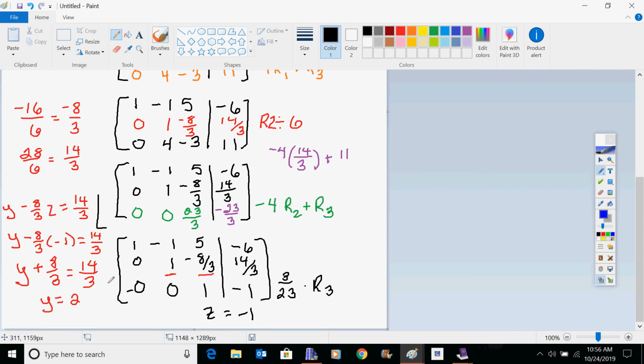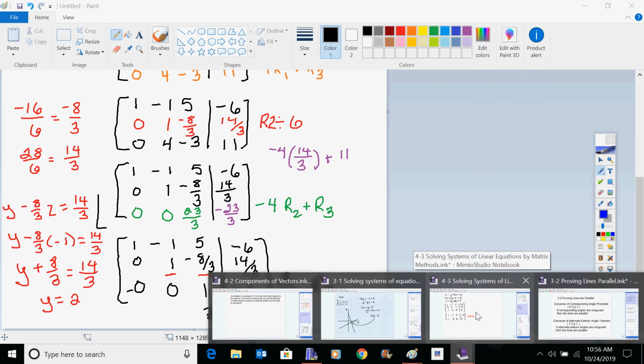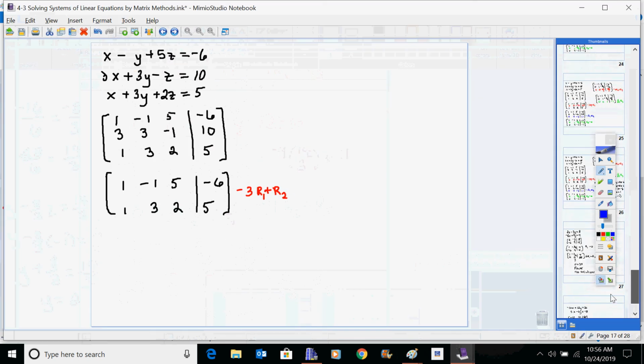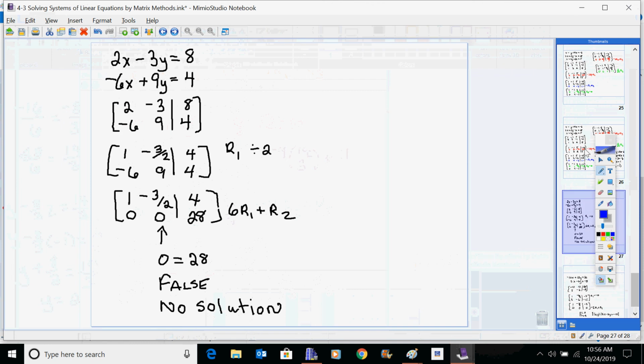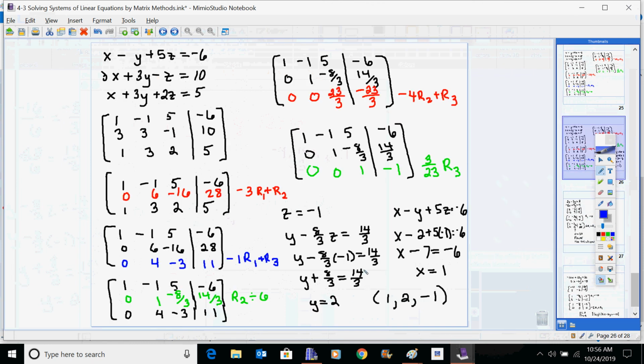And then our third answer, that we aren't going to get a chance to finish today, will be what you get when you plug in the last bit. If the bell rings, just sit tight for a minute. I want to pull this up to where our last answer comes from. Here it is: x minus y plus 5z equals negative 6.